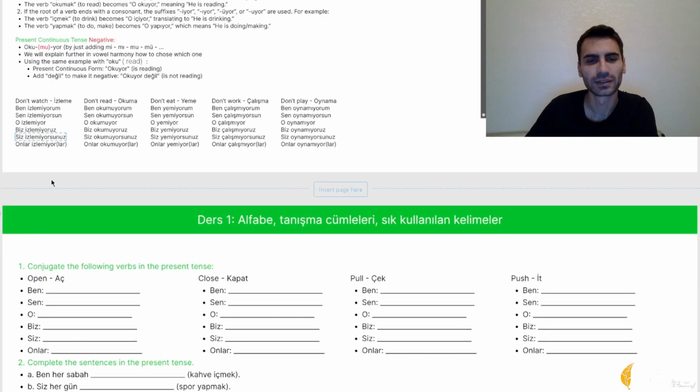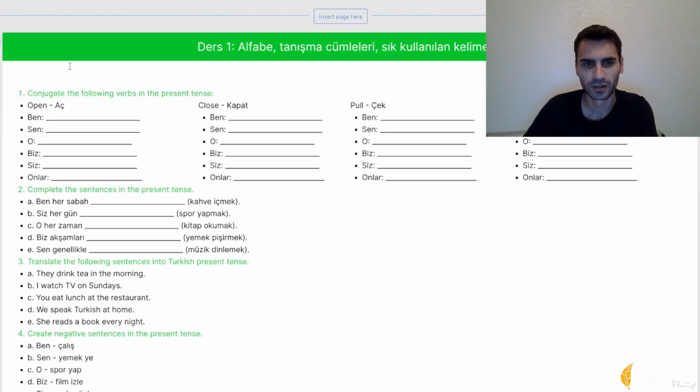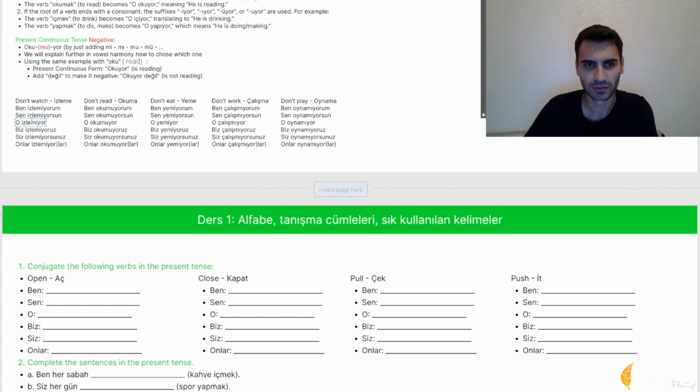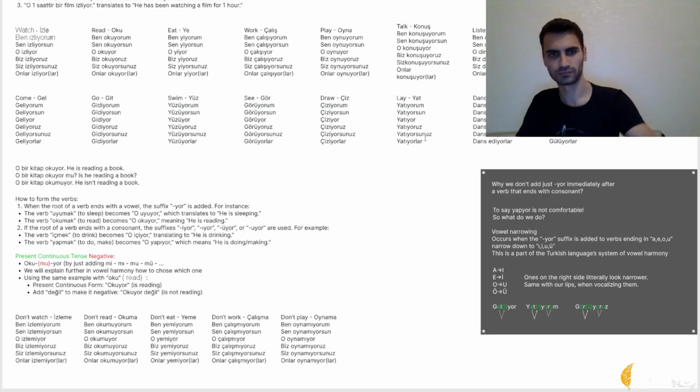And yeah, there are more examples with negative of present continuous tense, which you can do. Me, mu. Yes, this is the continuous tense.